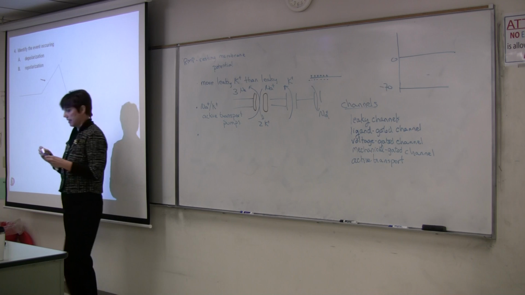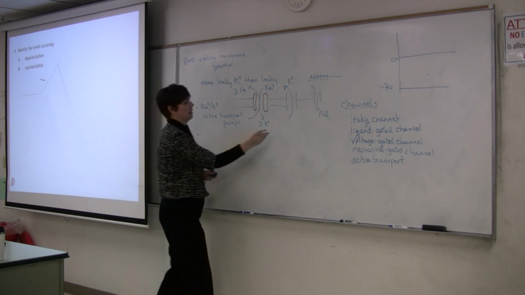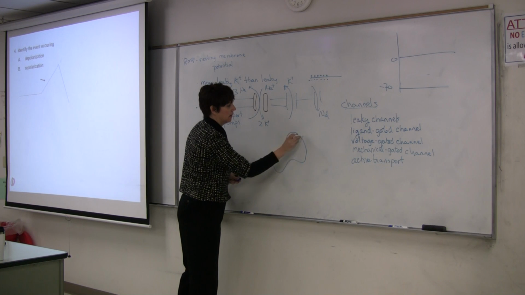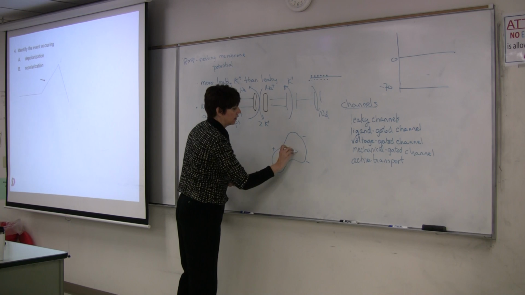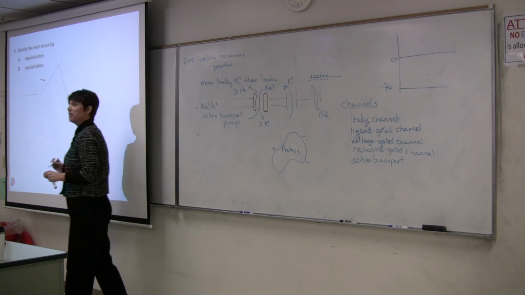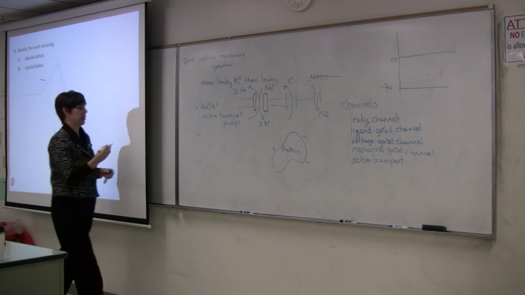The third doesn't have anything to do with the membrane. It has to do with what's trapped inside the cell, and it's too big to get across the membrane. We have protein molecules inside the cell, enzymes or structural proteins that have a net negative charge. And that adds to the negative nature.